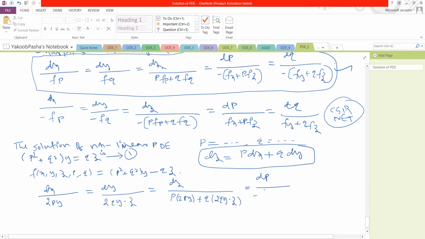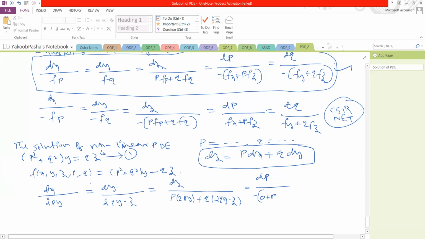minus of fx plus p fz. The fx value here is 0. Then we differentiate: p square derivative is 2p, y is there, q square derivative is 0, so fp is 2py.